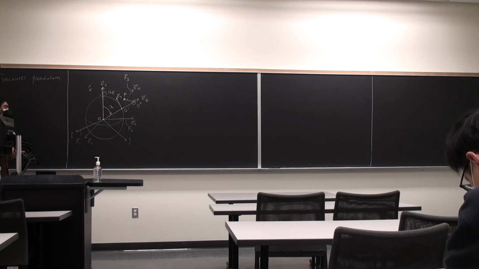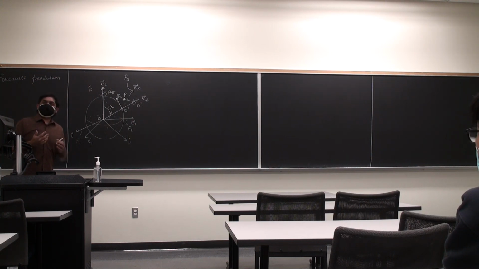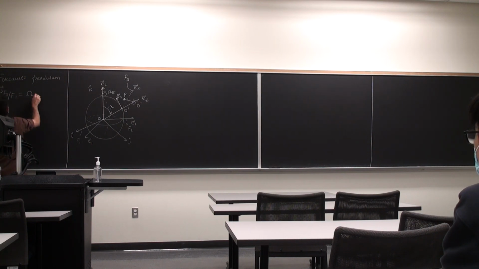This is frame F3. And we wrote down that the angular velocity of F3 relative to F1 is the same as that of F2 relative to F1, which is omega Earth in the E3 direction. So we split it into components along the EX, EY and EZ coordinate system.